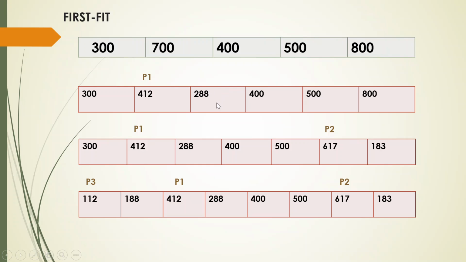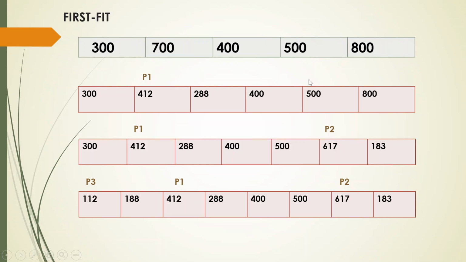And similarly we'll go for P2, that is 617. We'll check if it can be placed in 300, the first position. No, 300 does not have enough free space. So we'll go for the next position. 700 is already split and occupied. Then next we'll go for 400. It is smaller than 617 and doesn't have enough free space.